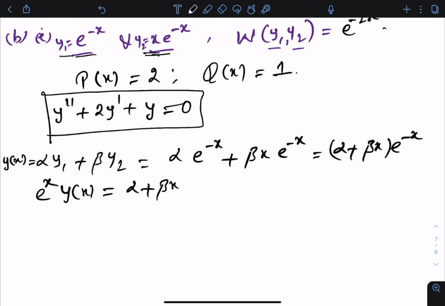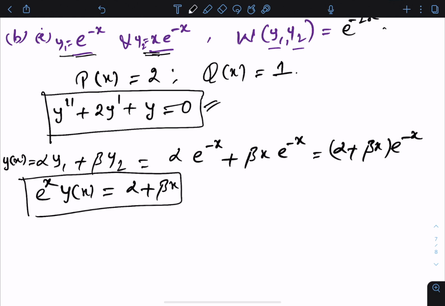So if you want to know the differential equation for which this two parameter family is a solution, you just have to eliminate the parameters, right? So you differentiate it with respect to the x variable. So you get e power x (y prime plus y) by product rule, and then you get beta.